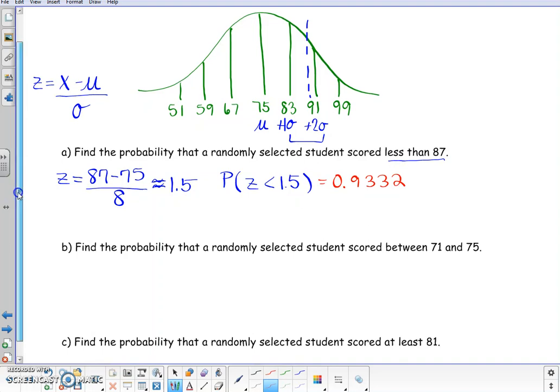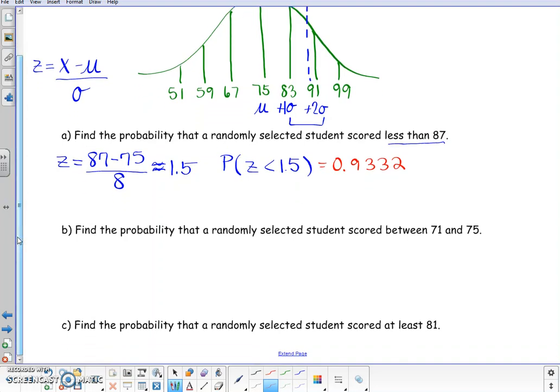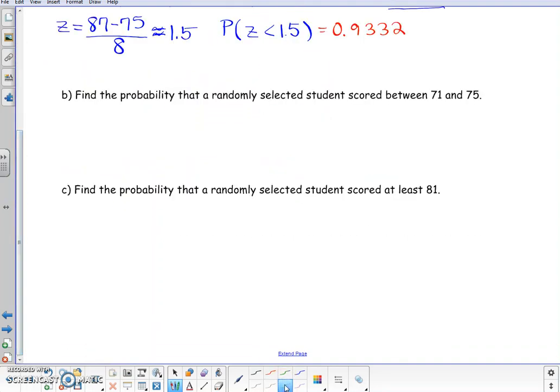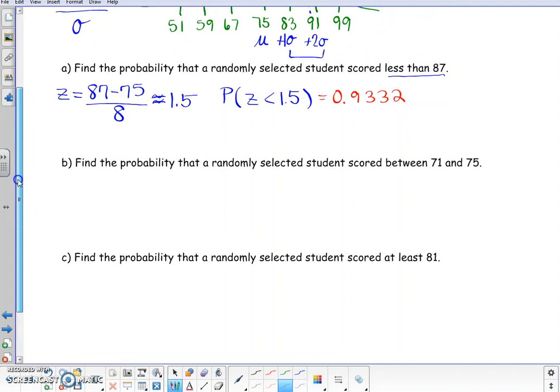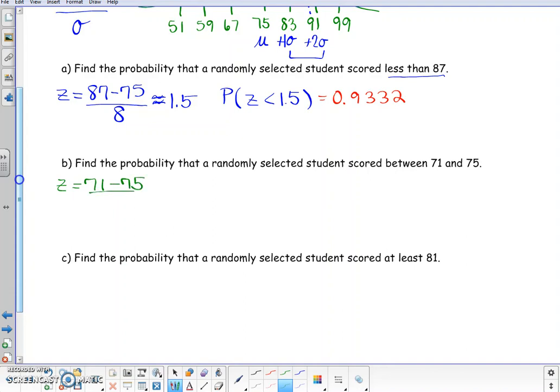Okay? Let's go to B real quick. B says, find the probability that a randomly selected student scored between 71 and 75. Those two values, or 75 is included, but 71 is not. So we need to find the z-score for 71. So we'll do 71 minus 75 over 8.